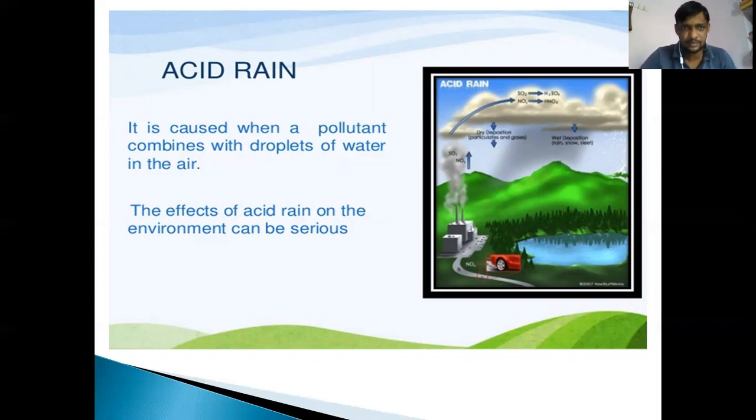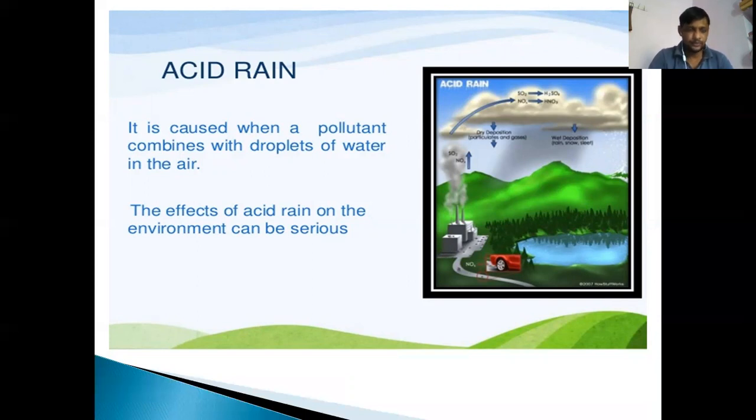So here, acid rain means, see, I already said, the sulfur dioxide, nitrogen dioxide, and carbon dioxide are all present in the air. When the rain is falling, automatically those gases and the rainwater will mix and fall as acid rain.